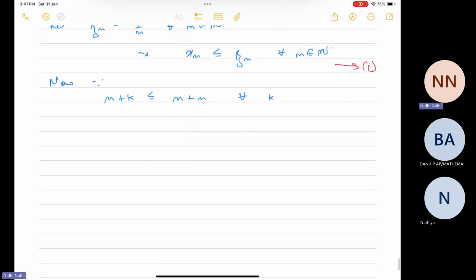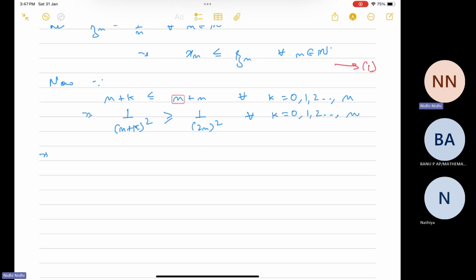So for all k equal to 0, 1, 2 up till n, k is always less than or equal to n, so n plus k is less than or equal to n plus n. That will give us 1 upon (n plus k) squared, and the inequality will interchange: greater than or equal to 1 by 2n squared. This is happening for every k from 0 to n.